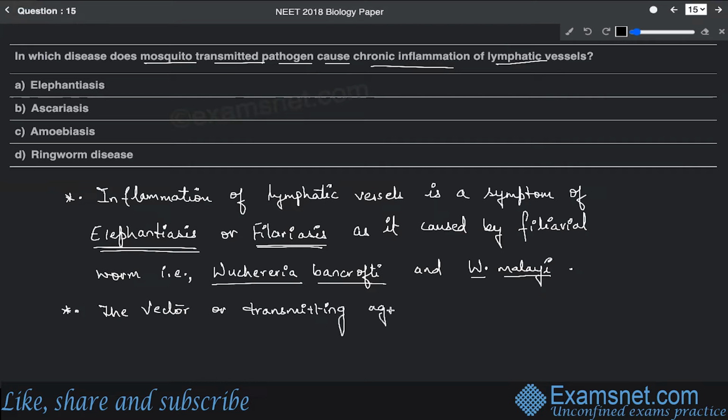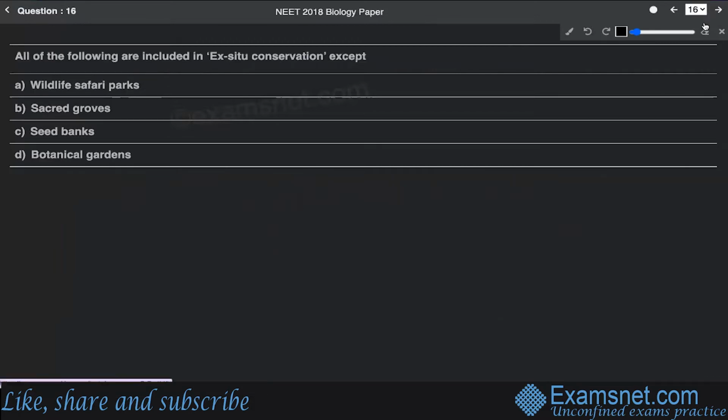All right, so this means option A is the correct answer. Clear? Now, question number 16.